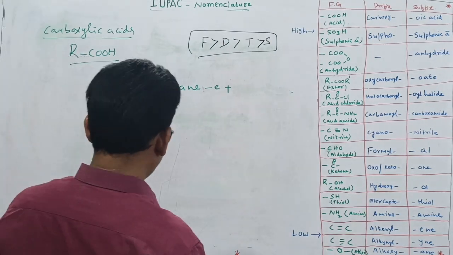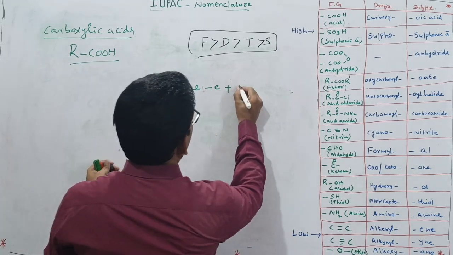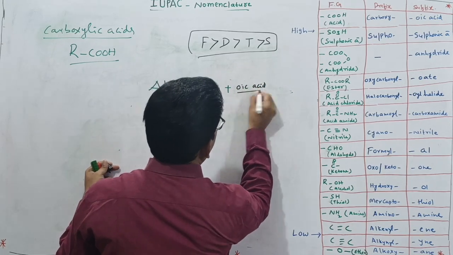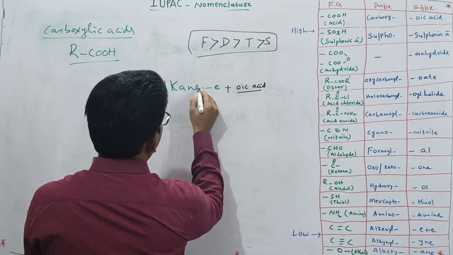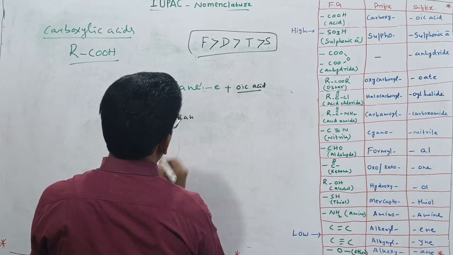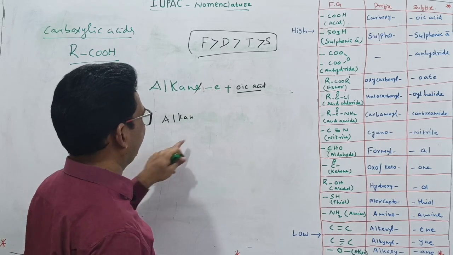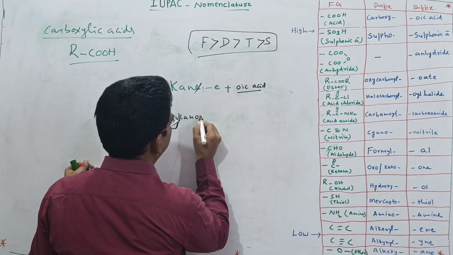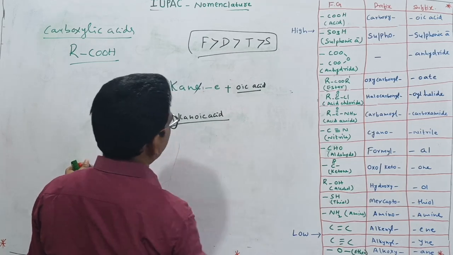If it is the more prior one, then alkane minus E plus oic acid. Remember this, oic acid. Then it will become alkan plus oic acid, because I removed the E. What is the name of this one?